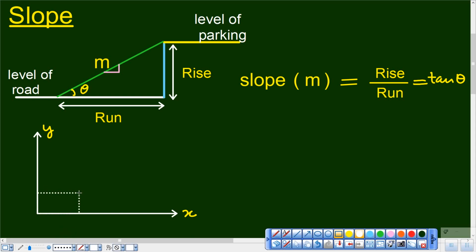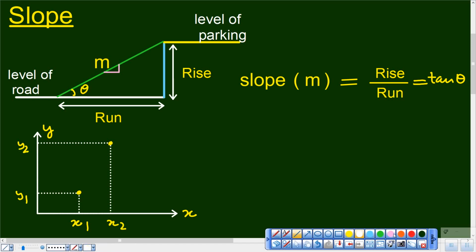Let's say this point is x1 y1, this coordinate is x1, this coordinate is y1, and there's another point x2 y2.